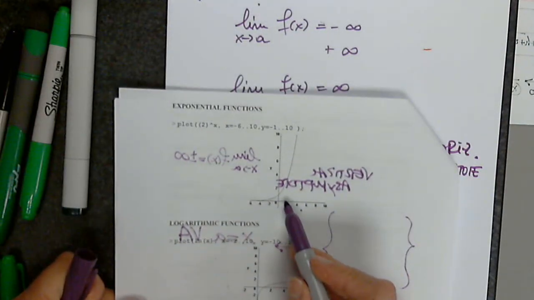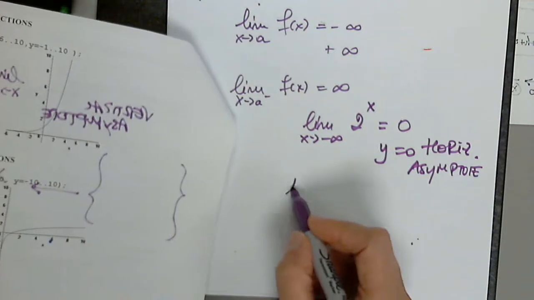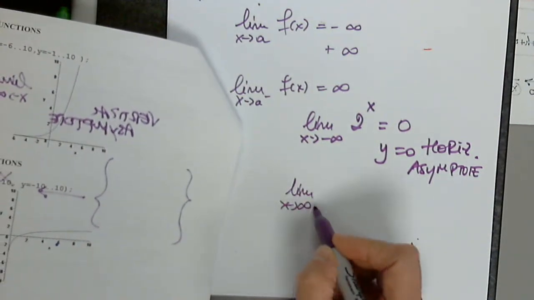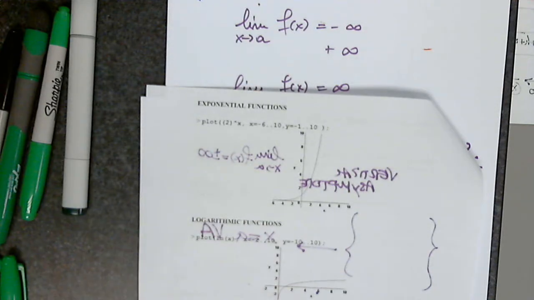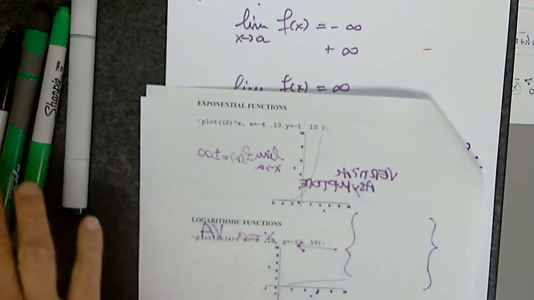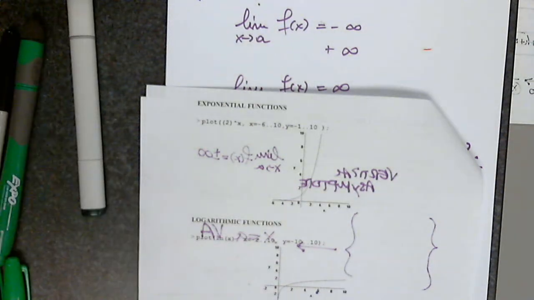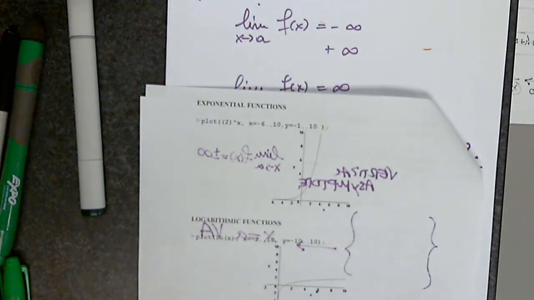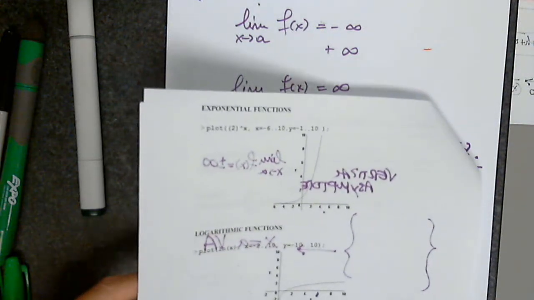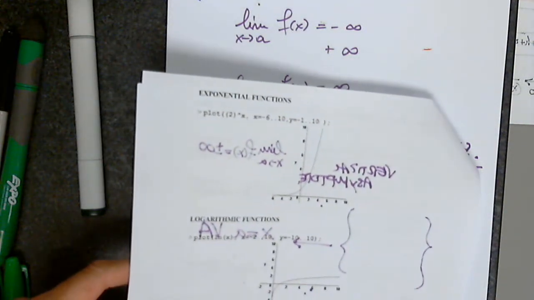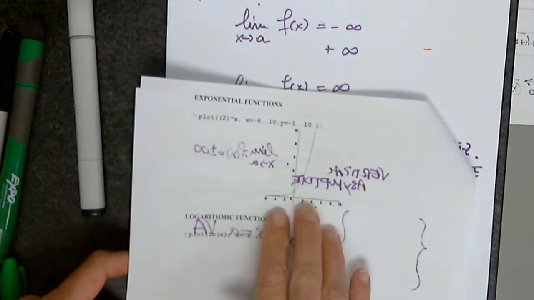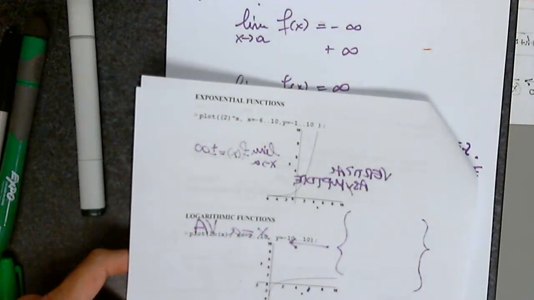Okay, let's look at the same graph. I'm going to ask the limit as x approaches infinity of 2 to the x. Very important to remember these graphs. This is an exponential function with a base greater than 1. So what will you say about the limit as x approaches infinity? Y approaches infinity.